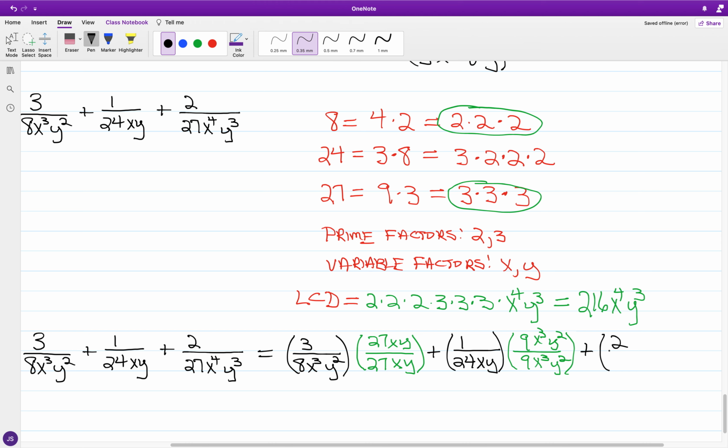And for 2 over 27, x to the fourth, y to the third: if I take 27 into 216, this will go 8 times. And we already have x to the fourth and y to the third.